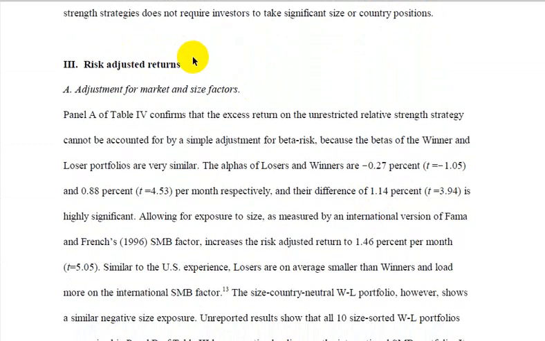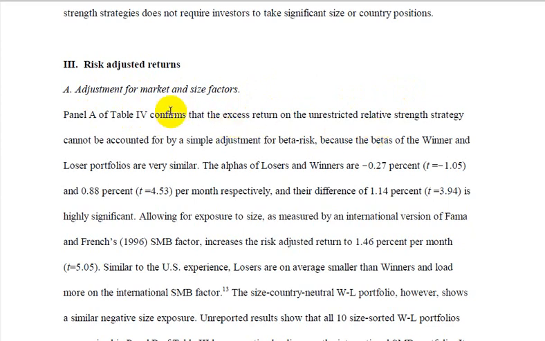We're going to look at the risk-adjusted returns in the first section, section 3A, the adjustment for market and size factors. So it looks like panel A of table 4 provides the analysis and results of this particular section.